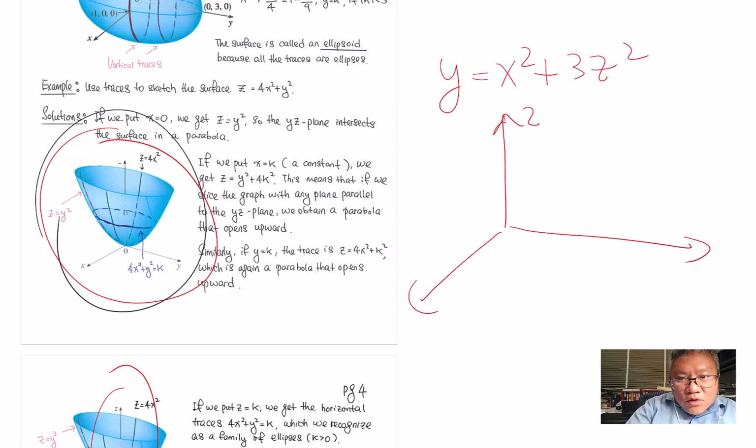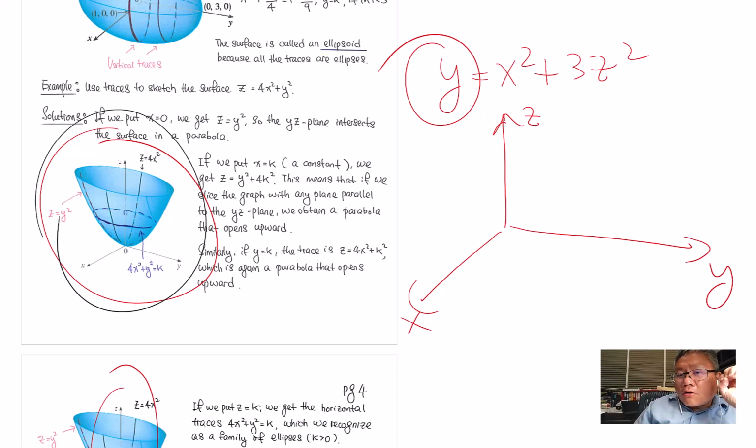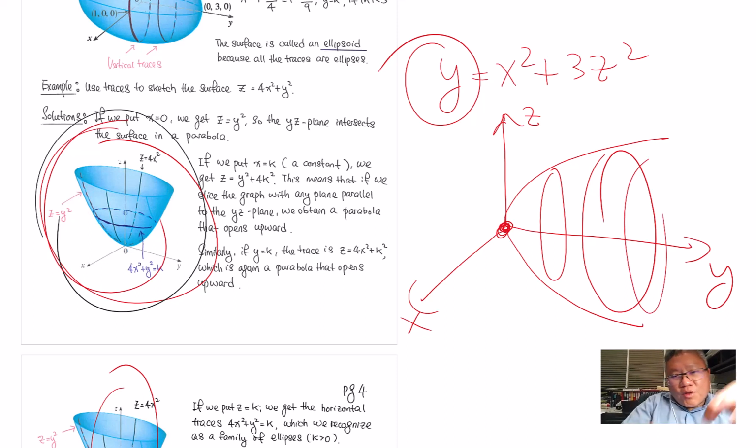One way is that you already guess the shape is an elliptical paraboloid, and now you know that y cannot be negative, so it will be on this side only, and y equal to 0 can only happen when x and z are both 0. So you have this thing, but flip it around and you get that. Once you get one, you will get the other one.